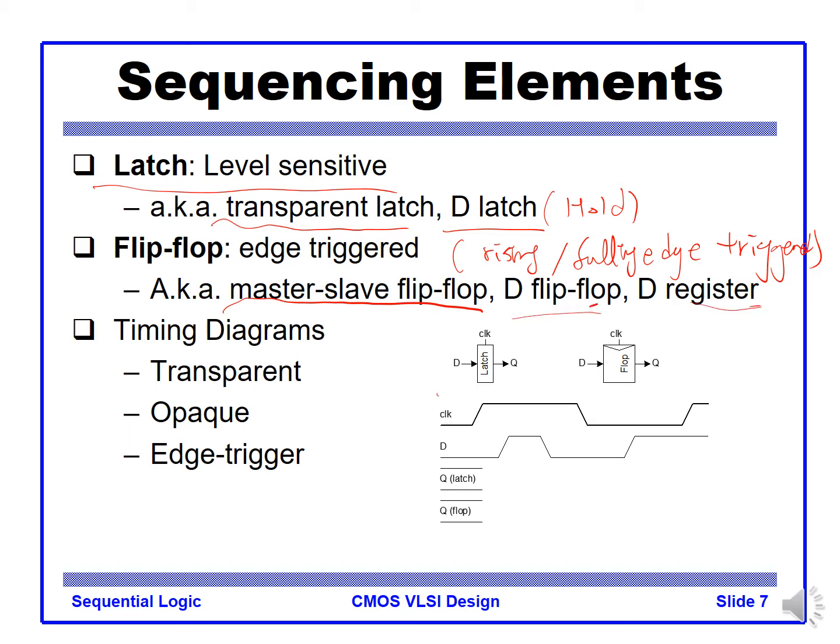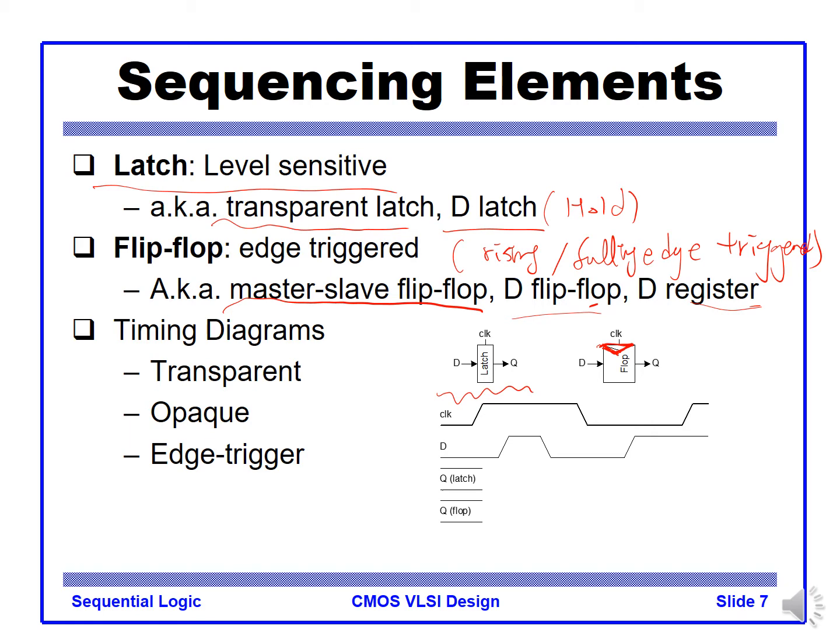The latch we draw like this, just a latch black box, and the clock comes in, data in, and data out, Q. For the flip-flop we add this kind of notation to represent edge-triggered operation. In this example timing diagram, we show the latch operation. When the clock is 0, we hold the value.